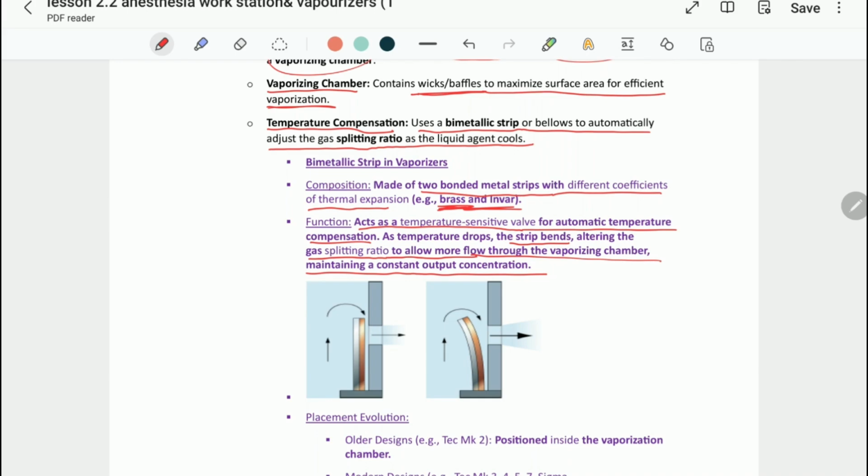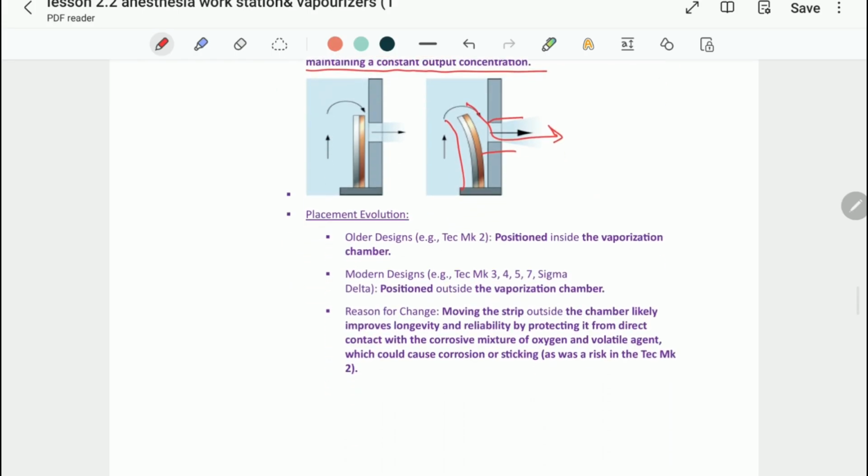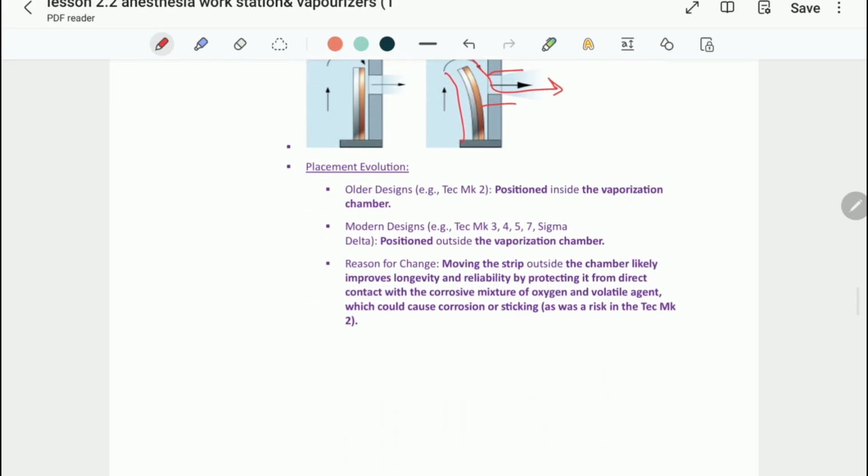This picture shows a bimetallic strip. As the temperature drops, the strip bends, opening the gas flow and allowing more gas flow through the vaporizing chamber. So what is the placement evolution through the ages? In the older designs, like the Tec Mk2, it was positioned inside the vaporizing chamber.